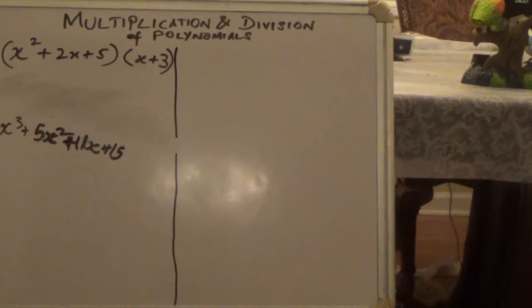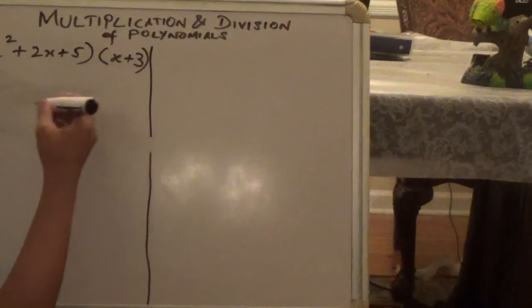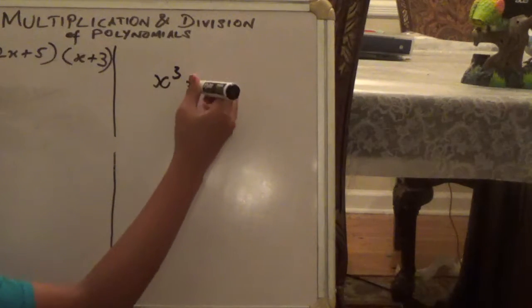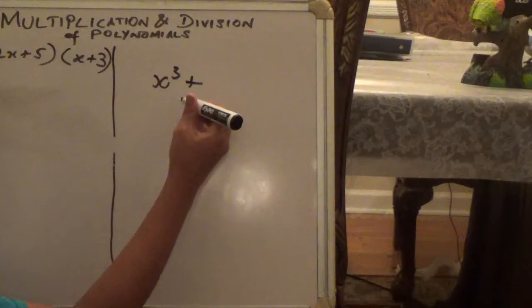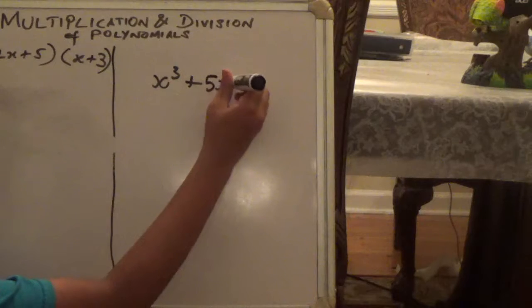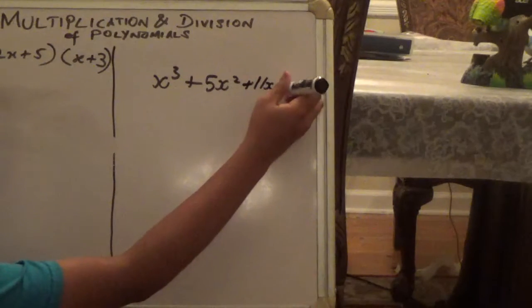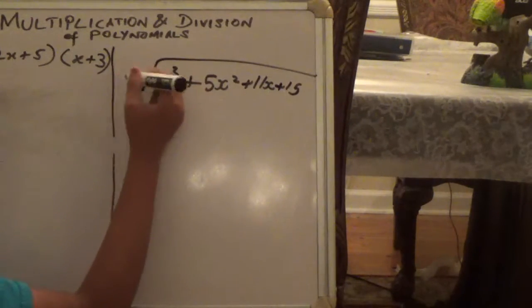Wait, how are we going to divide it? Oh, I know how. Okay, so a polynomial, x cubed plus 5x squared plus 11x plus 15 divided by x plus 3.